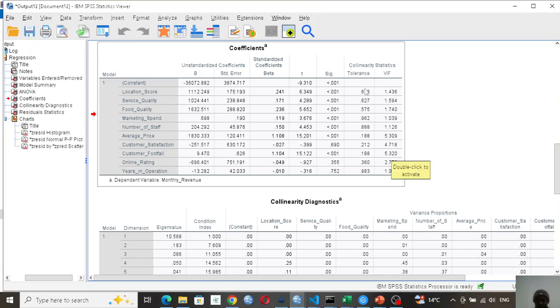When we check here, none of the tolerance values is less than 0.1; they are all greater than 0.1. And none of the VIF values is greater than 10. So that means there is no multicollinearity, which implies that each one of the predictors here has a unique contribution to monthly revenue. That is basically the point.